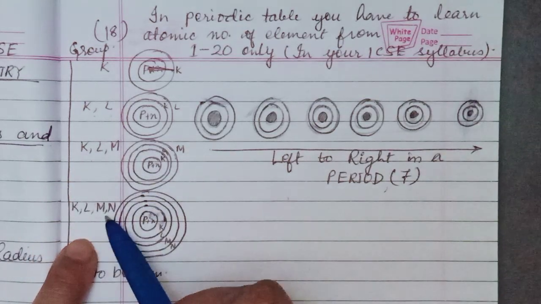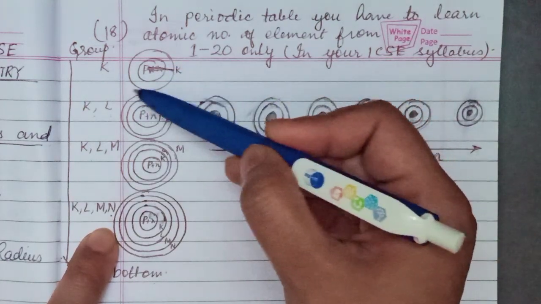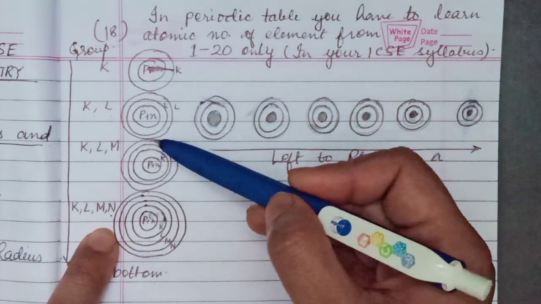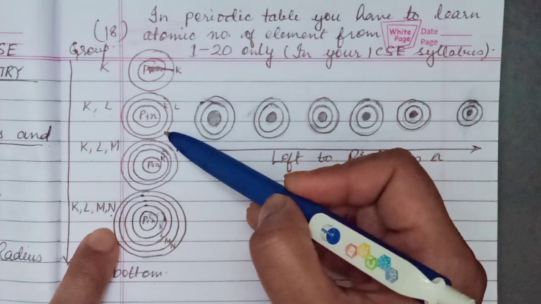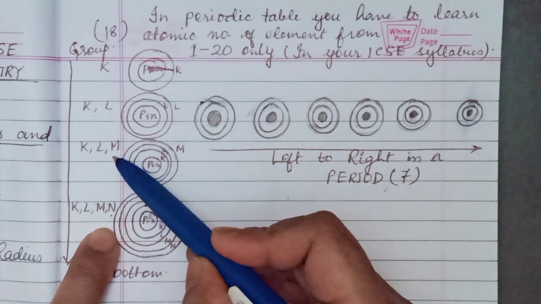Now next K, L, M, N shells. That means when we are moving down, one shell has been added to this atom. Again when we are moving down, one more shell has been added here.